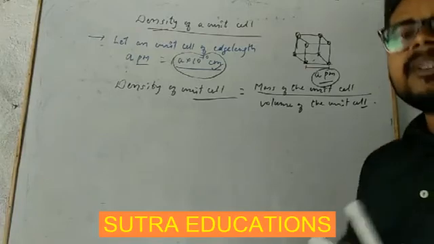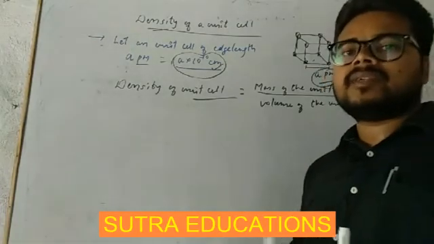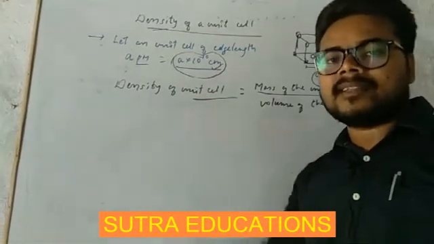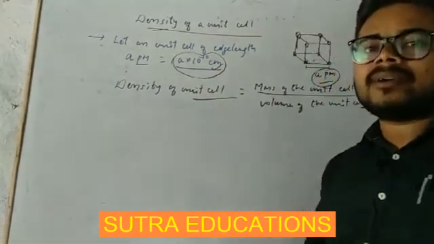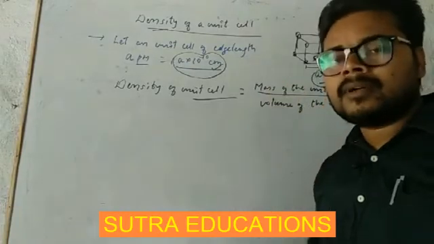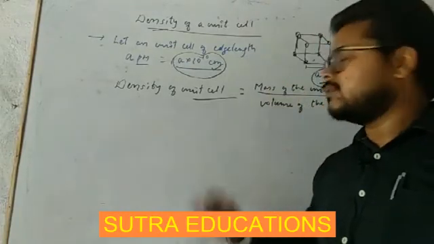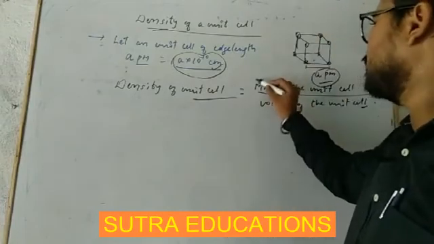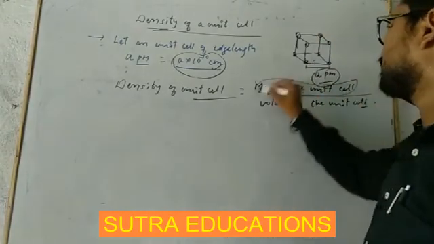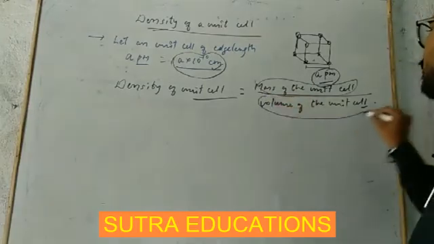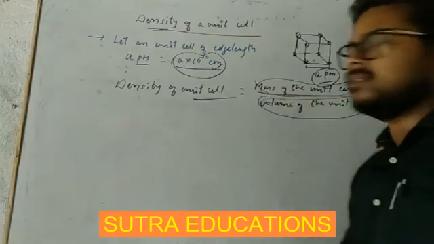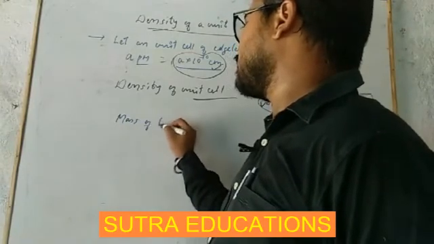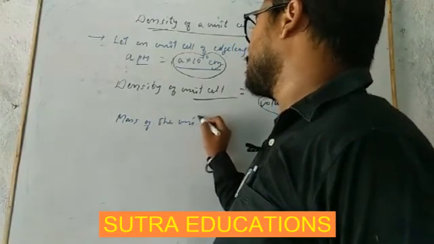So what will be the mass of the unit cell? Mass of the unit cell will be equal to the mass of the atoms present inside the unit cell. We do not know the number of atoms present, so we will simply write it here as Z. So we have to find the mass of the unit cell, and then we will find the volume of the unit cell. First thing is the mass of the unit cell.